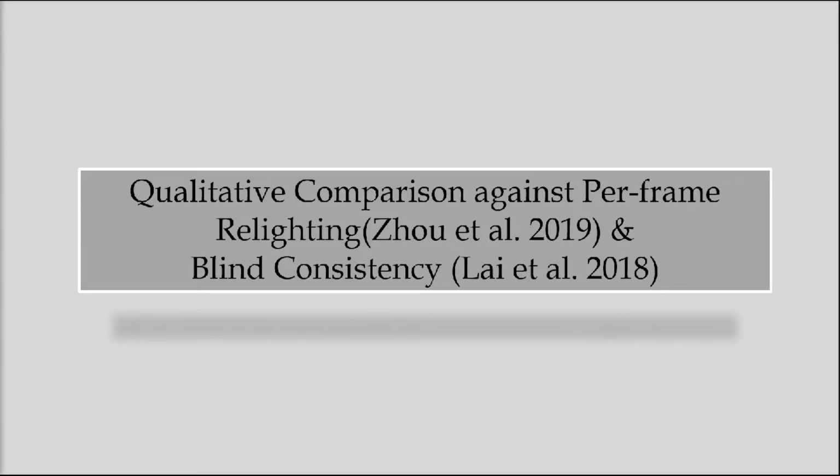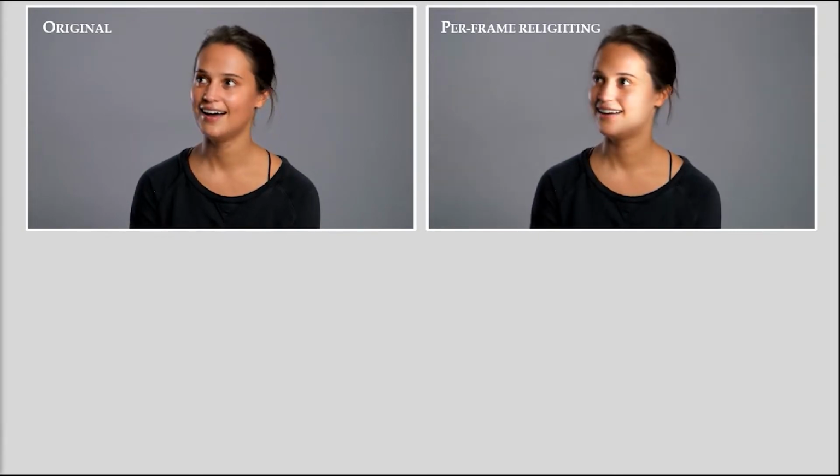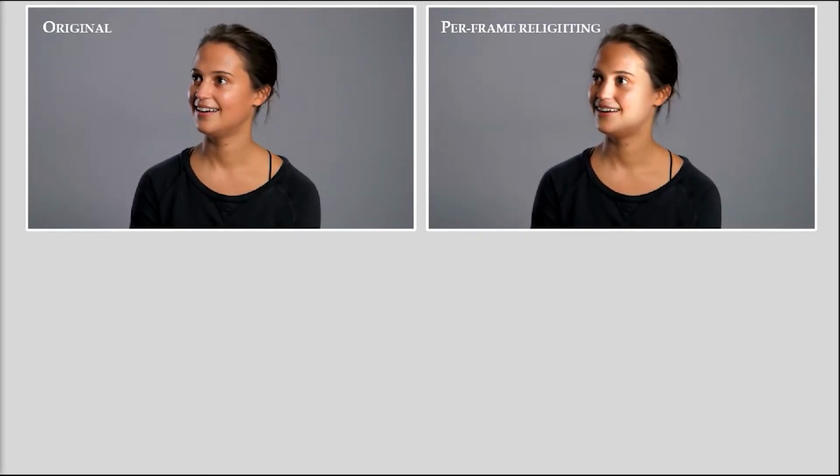Let us look at some relighting results. Relighting a video on a per frame basis results in temporal flickering artifacts. However, trying to correct the temporal inconsistencies using a blind consistency approach significantly alters the data. Our method solves both these problems and performs temporally consistent relighting.